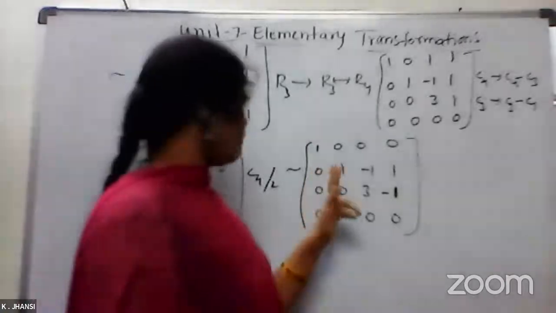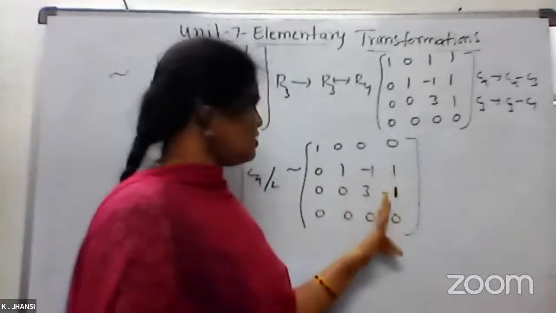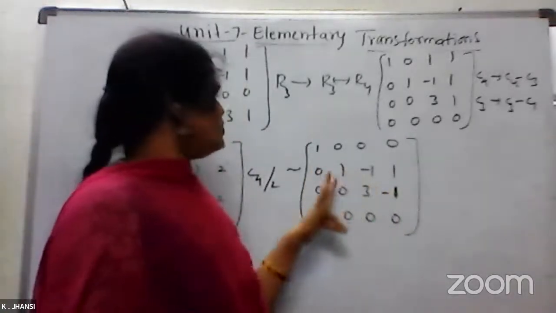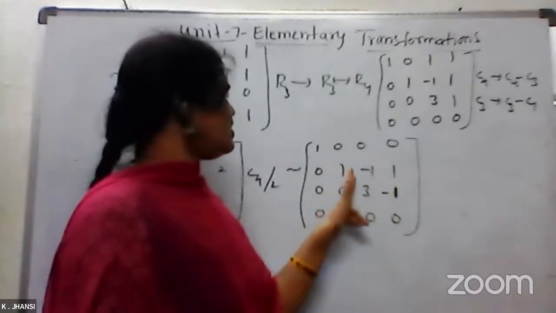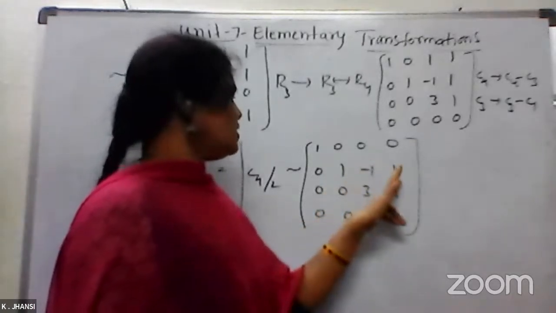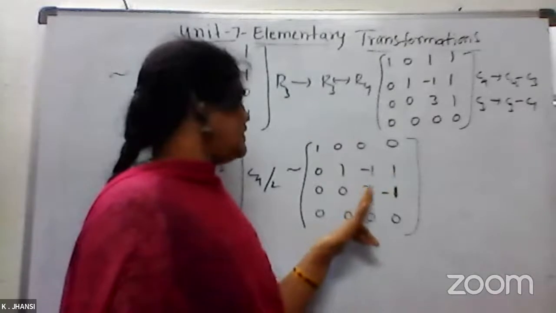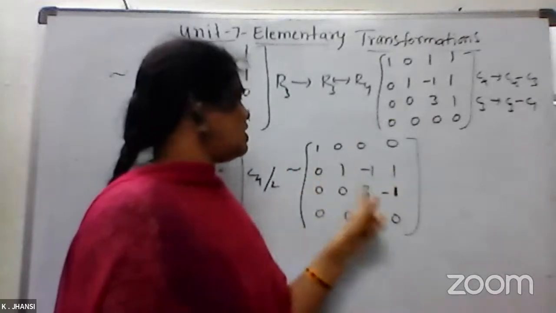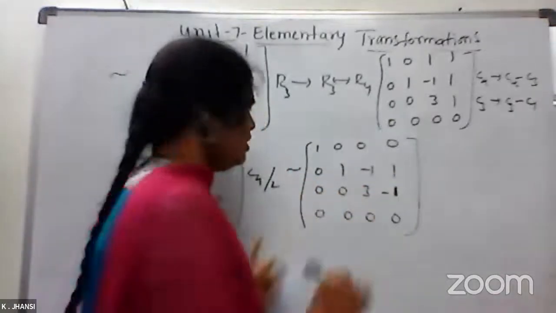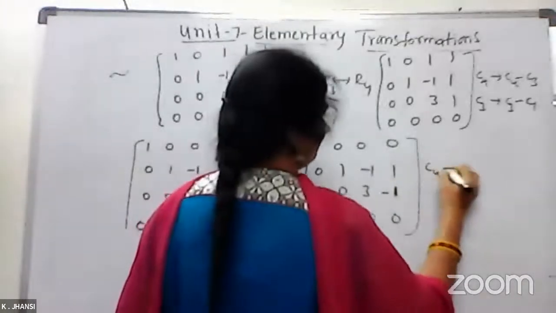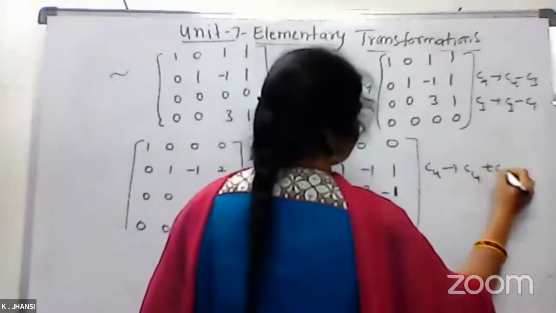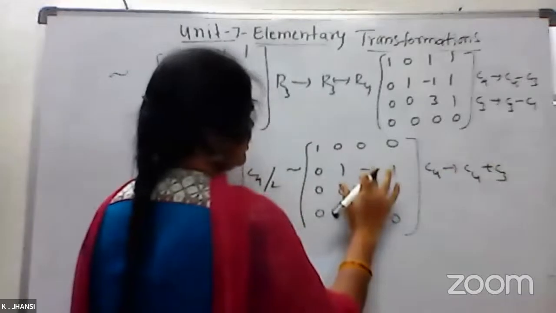Now again what we have to do: this one 0, this one 0, this one 0. If you add these two, what will you get? This will become 0, and 3 minus 1 means you will get 2 here. So C4 plus C3, what can we do?